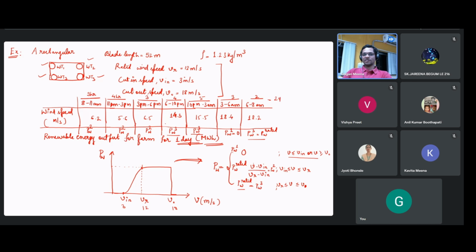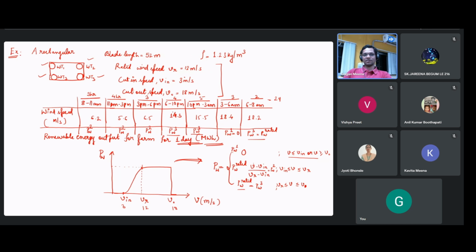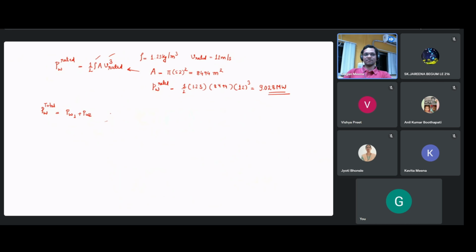So now for each of these time blocks, we have to calculate the power. So the final total power will be this PW for time block 1, for time blocks 2, 3, 4, 5, 6, 7. 6 is anyway 0.